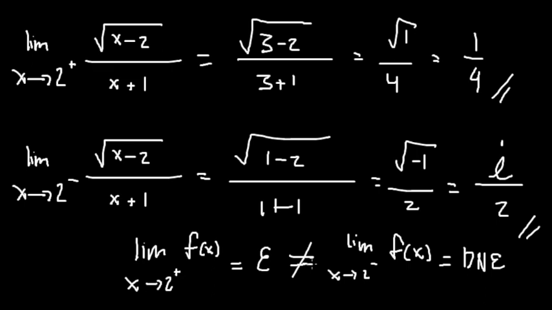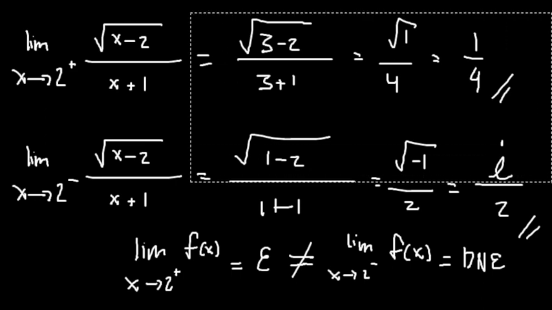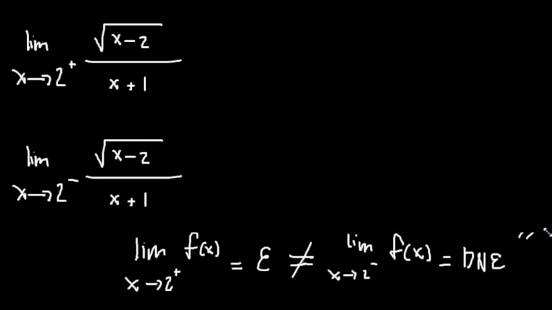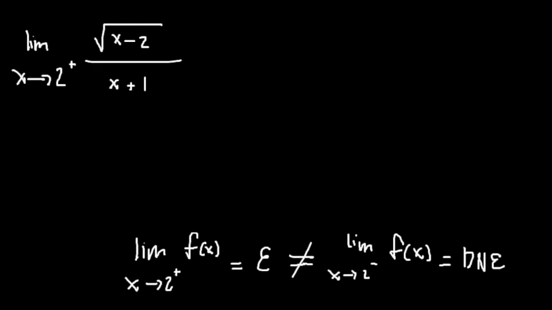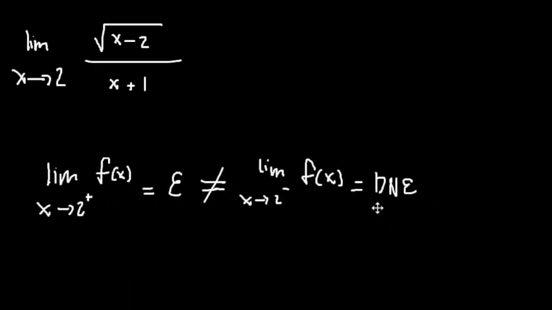Using this, we can now conclude that the limit of the function square root of x minus 2 over x plus 1 will not exist, because the left hand limit is not equal to the right hand limit, as stated by the proof earlier.